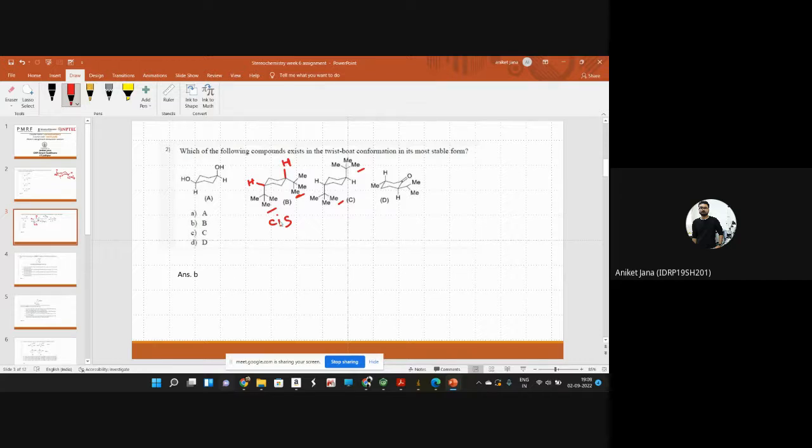Okay, so let's draw this. This is in case of the cis isomer of this 1,4-di-tertiary butyl cyclohexane. To minimize the syn 1,3 diaxial interaction, it exists in the twist boat conformation. As you can see, a tertiary butyl group is always in the axial position. So there is some 1,3 diaxial interaction between the hydrogen atoms of these groups.